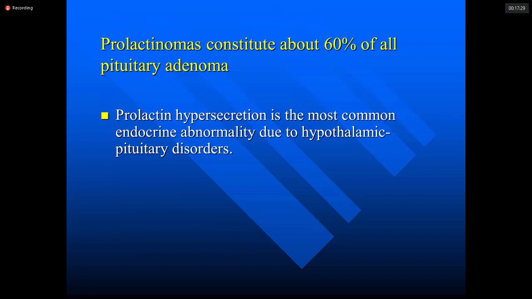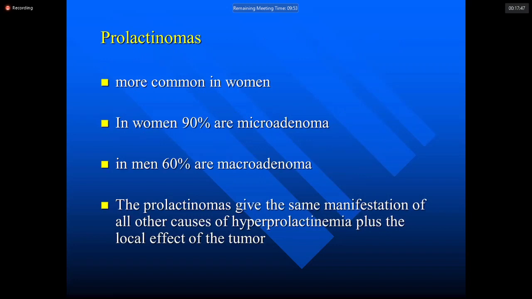The prolactinomas, we said that it's higher in frequency. It constitutes around 60% of all pituitary adenomas, and it's the most common endocrine abnormality found in cases of hypothalamic pituitary disorders. It's more common in women, and in women, it's usually a microadenoma, but in men, in a lot of the cases, it will be a macroadenoma.